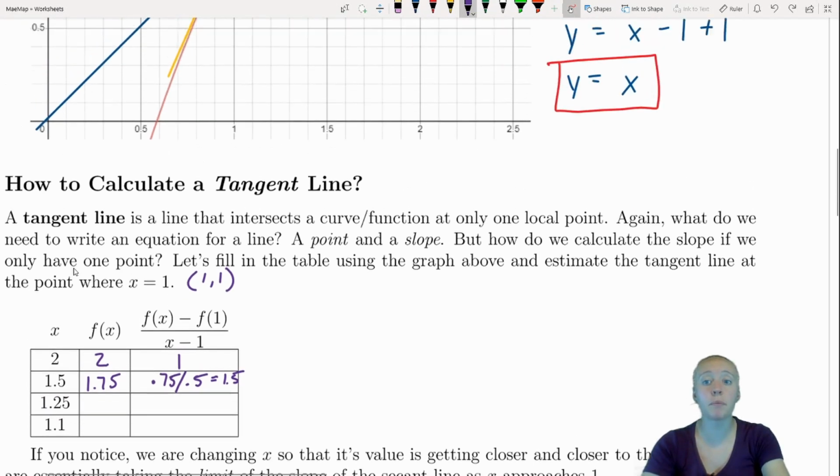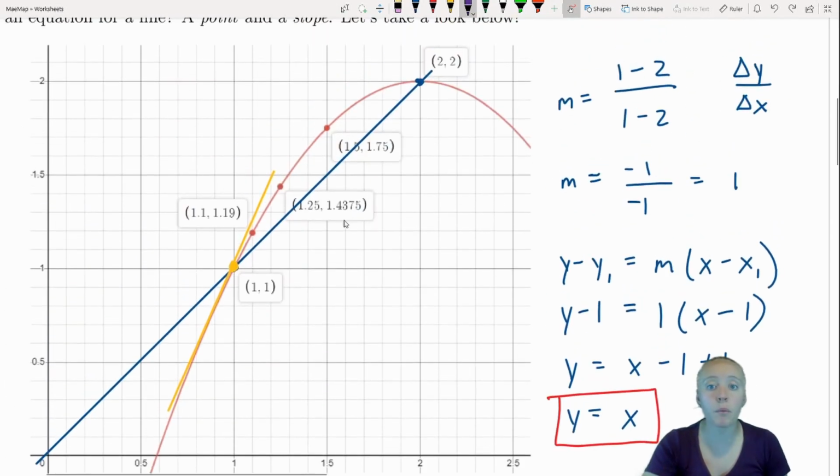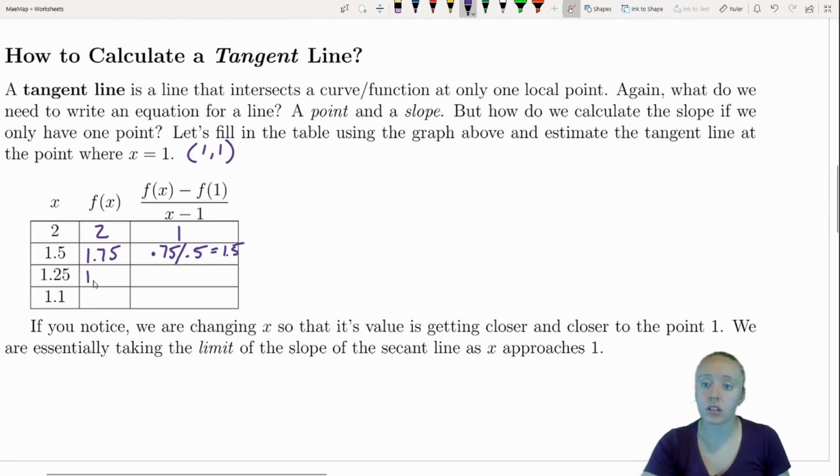Well, when we're at 1.25 in the x, we're at 1.4375 in the y. So f of 1.25 is equivalent to 1.4375. Now I'm going to round this just to make it a little bit easier, so I'm going to round it to 1.44. So 1.44 minus 1 gives us 0.44, and then we're dividing that by 1.25 minus 1, which is 0.25.